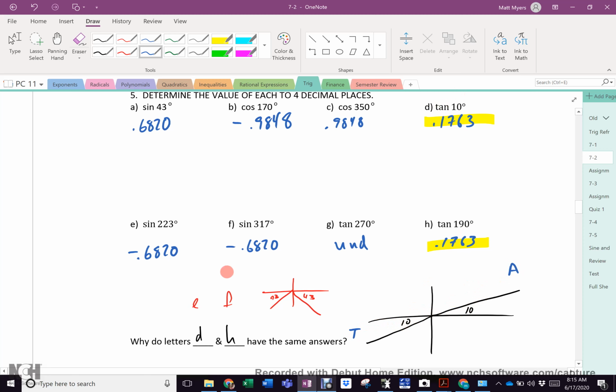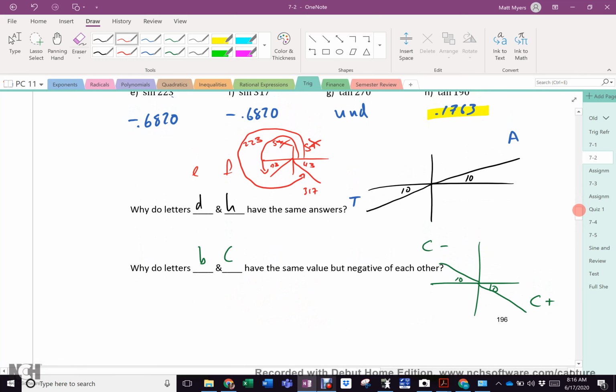Now, if you look at E and F, I've done that in red. They're both negative. So sine is positive there, and sine is positive there, so it can't be either of those. It's got to be here, 43. So if I go all the way around, that is 223. If I go all the way around here, that is 317.